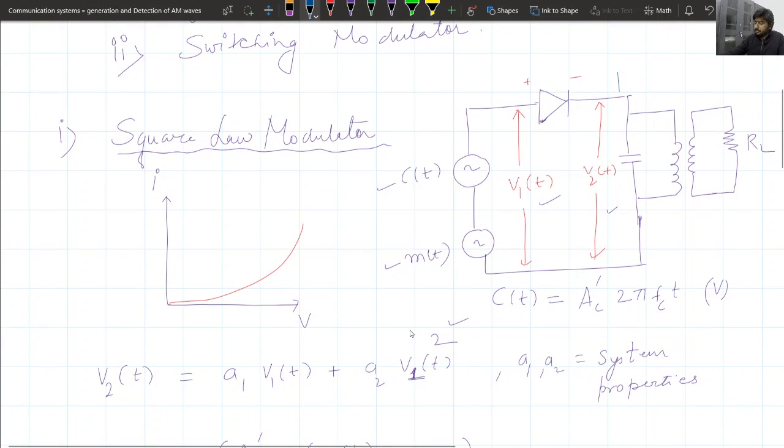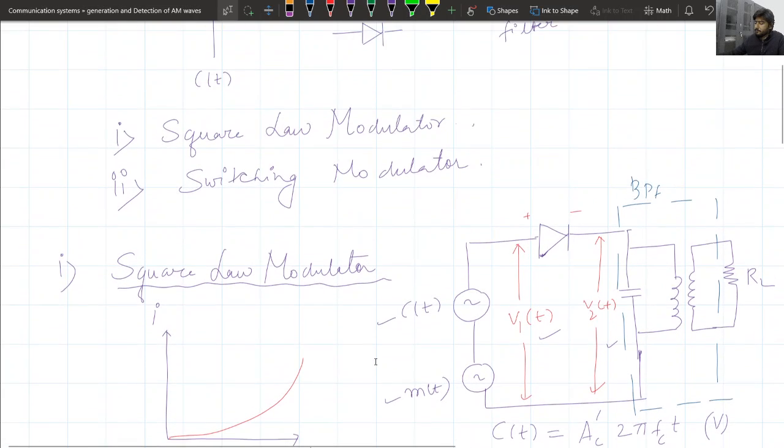So this is the circuitry of the band pass filter. We have to tune the band pass filter to a very sharp cutoff frequency in order to obtain the desired amplitude modulated wave.